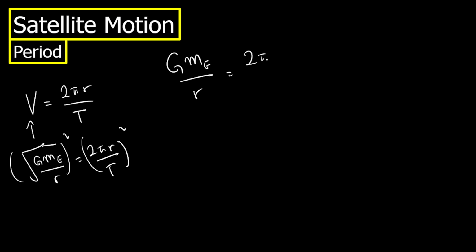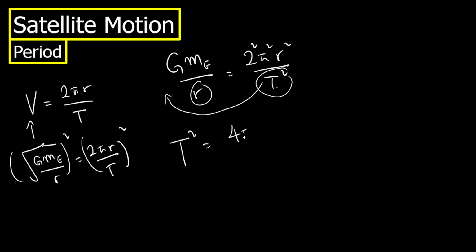And this is equal to 2 pi r over T. If we square both sides, we get G Me over r equals 4 pi squared r squared over T squared. We bring the r to the right hand side and the T squared to the left hand side, and rearrange so that T squared equals 4 pi squared over G Me times r cubed.